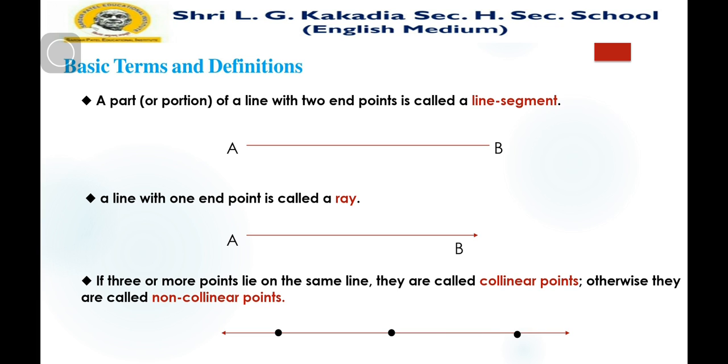Only one line passes through these points. And if it is not possible, otherwise they are called non-collinear points.